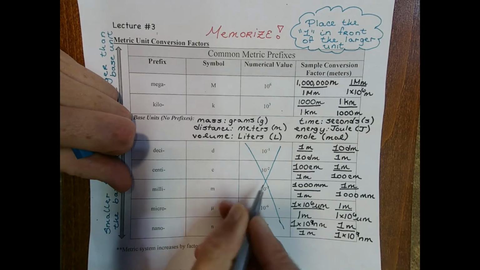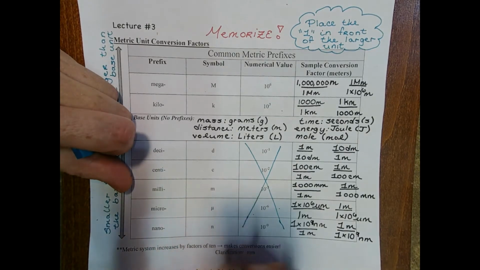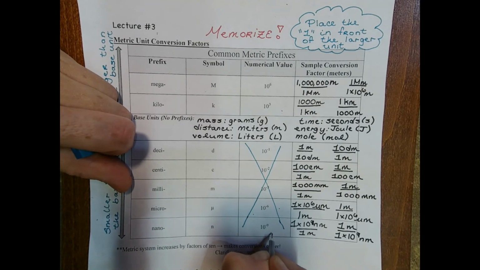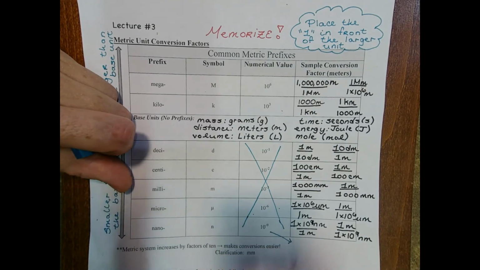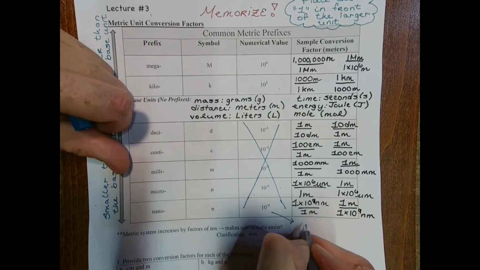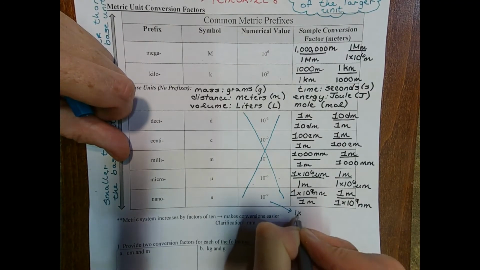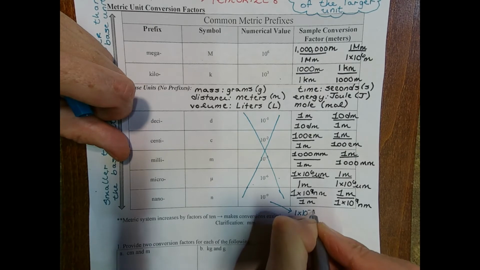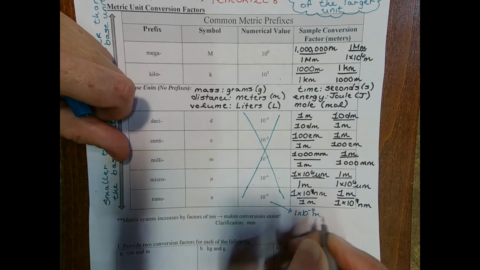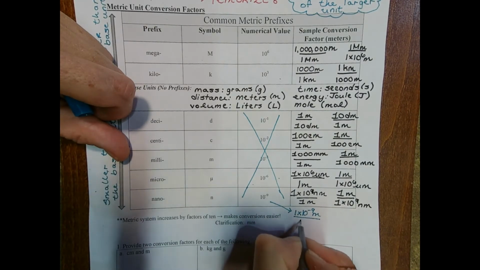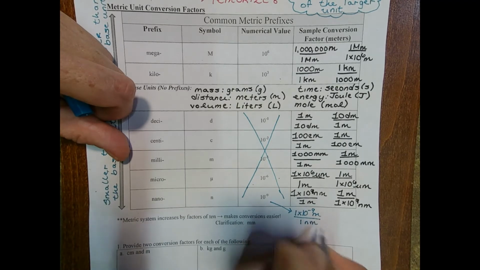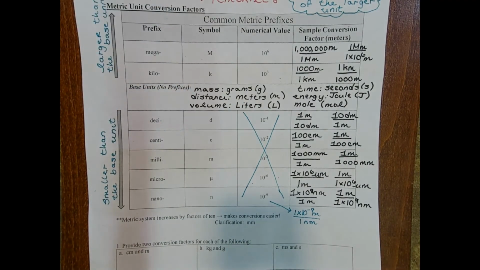So if you wanted to use it in this form, you would have to write, and I wouldn't write this down on your paper, I just want to show you what this number means, 1 times 10 to the negative 9 meters in 1 nanometer. So basically you would have to split the meter up into a billion pieces.